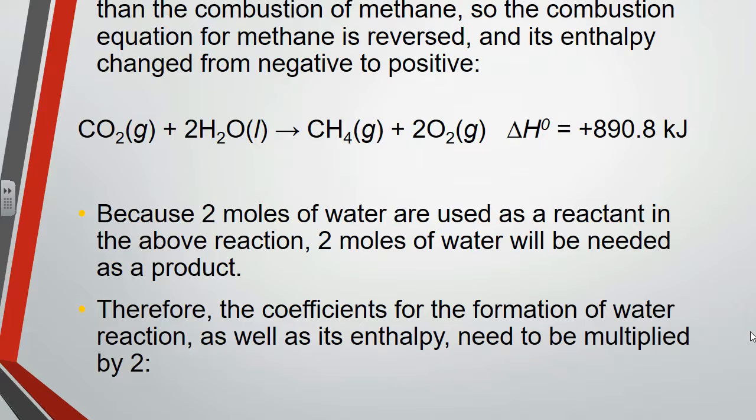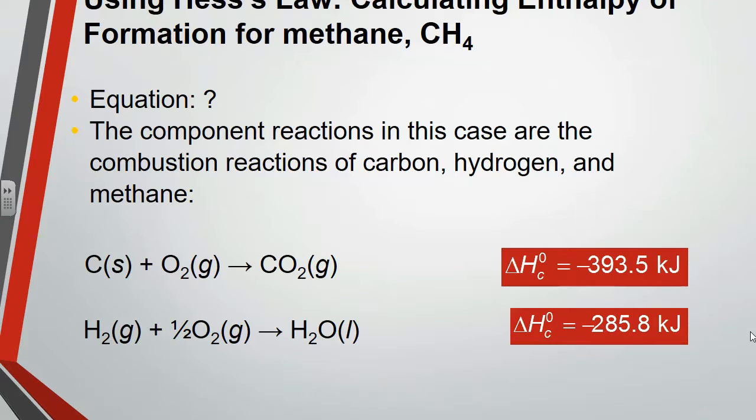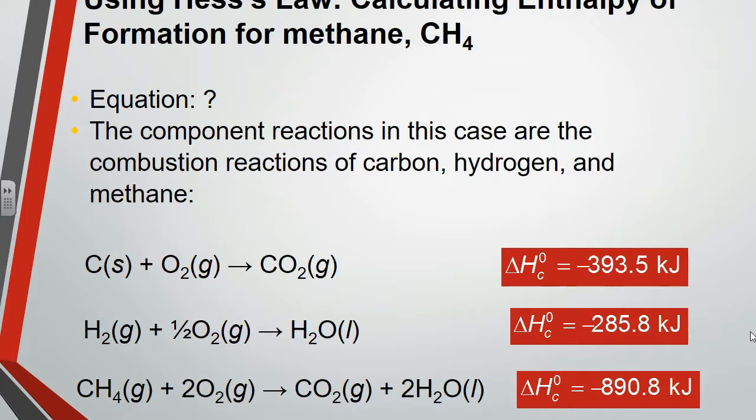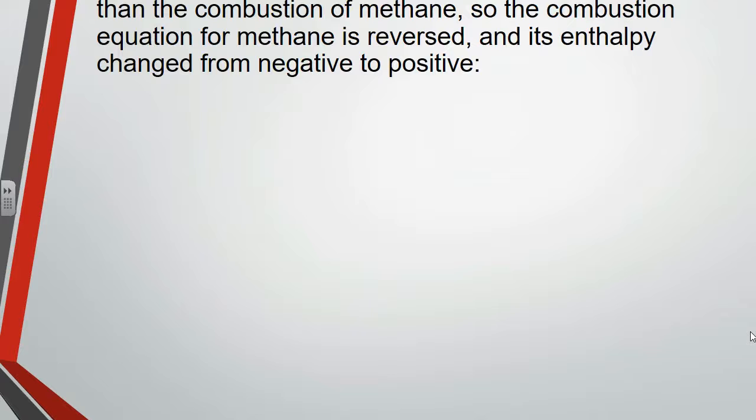Because if you look back to that previous slide, you saw that we had 2 moles of water here, didn't we? And this got flipped over to the other side, and so I'm going to need to somehow make this 2 moles of water. If I'm going to make that 2 moles of water, then I'm going to have to double this, double this, double that, right? And so that's kind of what we're trying to show you here on this next step, is how we're doing all that.